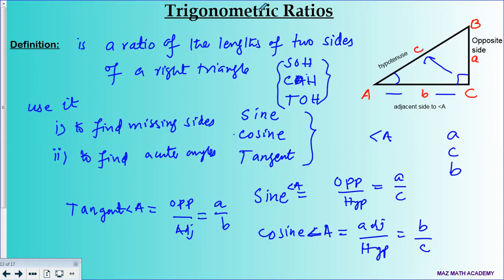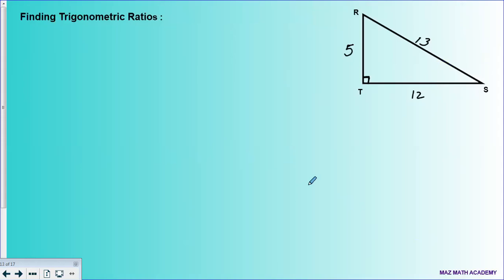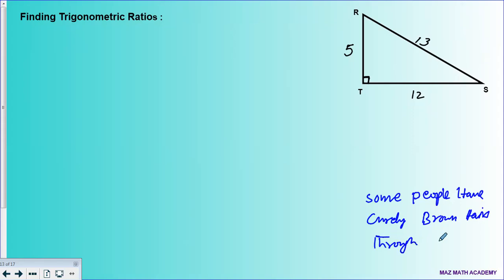Or you can also use another thing to remember these, like the sentence: people have curly brown hairs through proper brushing.